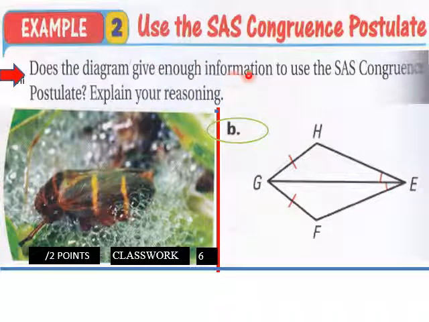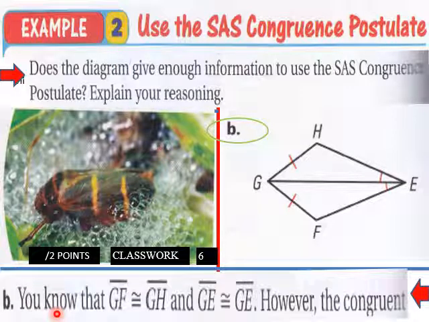Does the diagram give enough information to use the SAS congruence postulate? Explain your reasoning. Part B of example 2. You know that GF is congruent to GH, and GE is congruent to itself.